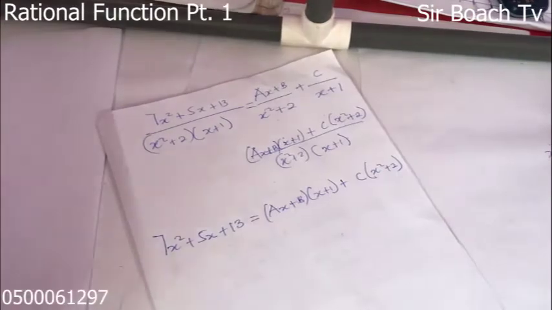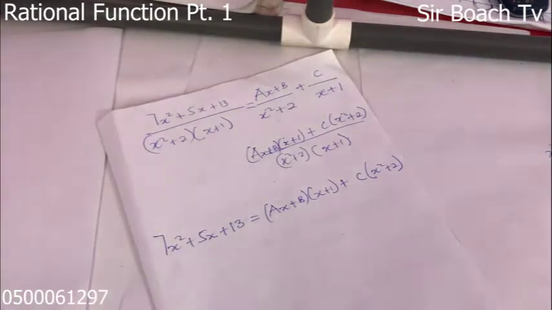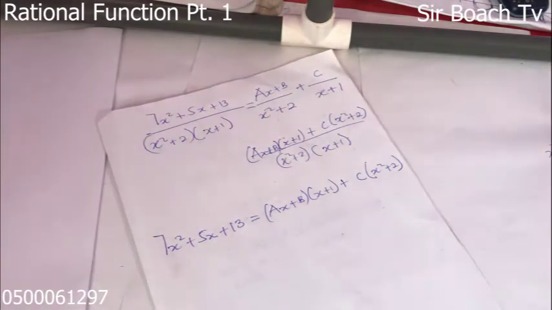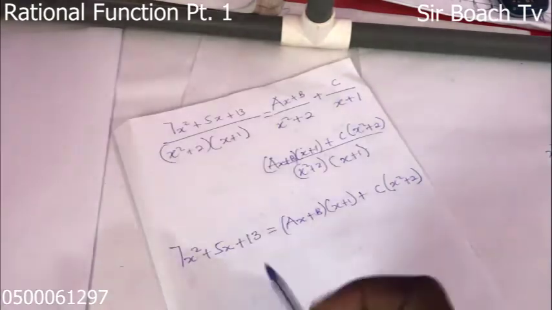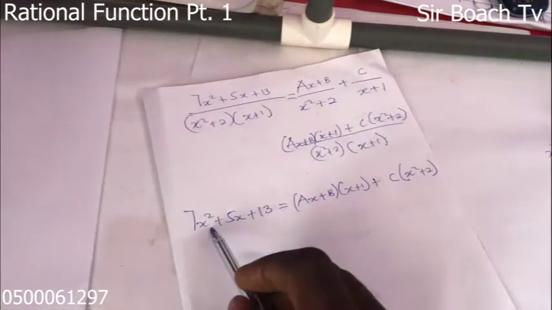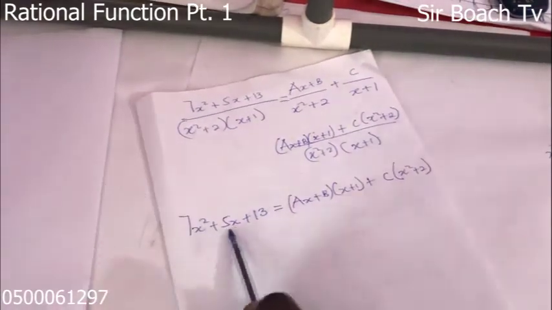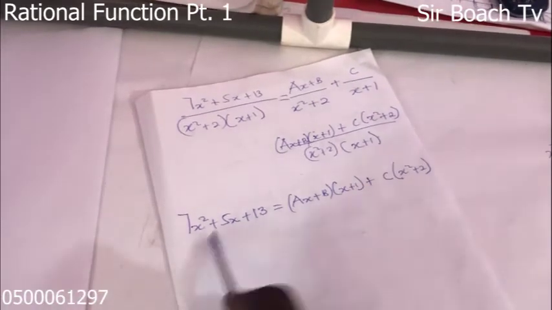So now what do we use? We use the identity. So let's try the identity. We can start with 1, we can start with 0, we can start with -1, any one. So let's start from 1 coming to negative 1. If I put 1 here, this side will be 7 plus 5 plus 13, that will be 25.